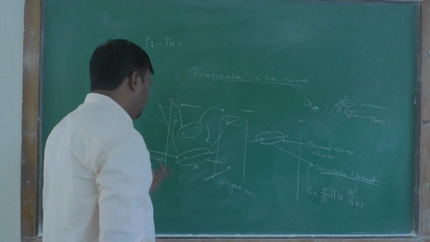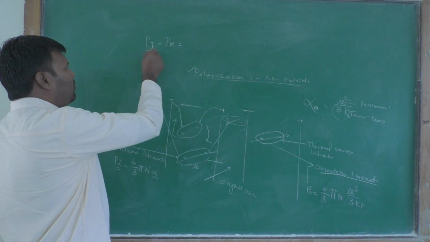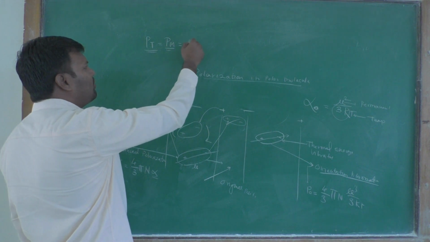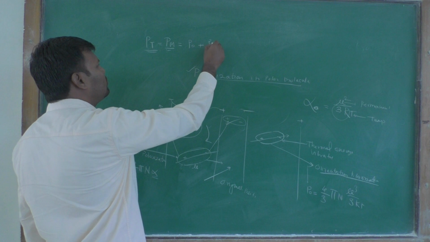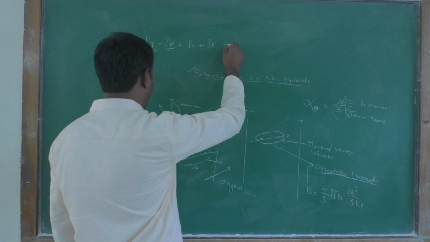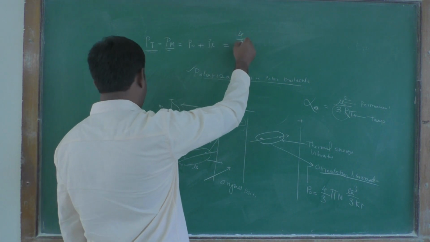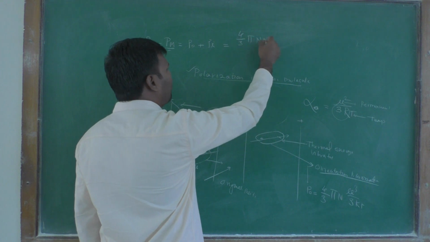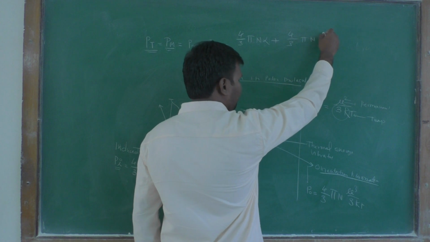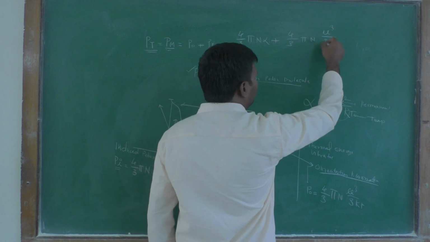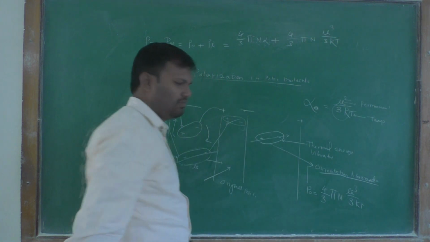Therefore, in a polar molecule, the total polarization, the molar polarization, is given by the orientation polarization plus the induced polarization, and it is equal to 4 by 3 pi n alpha plus 4 by 3 pi n mu square upon 3 kT.